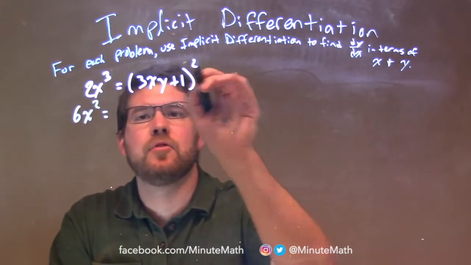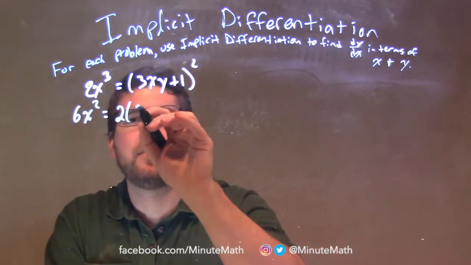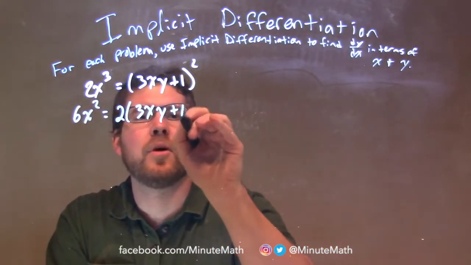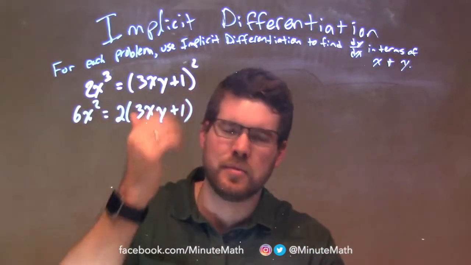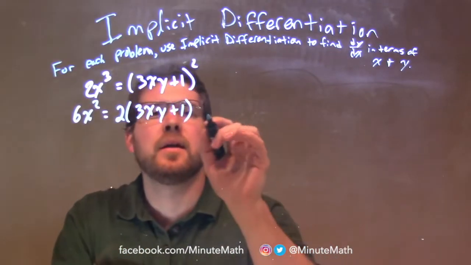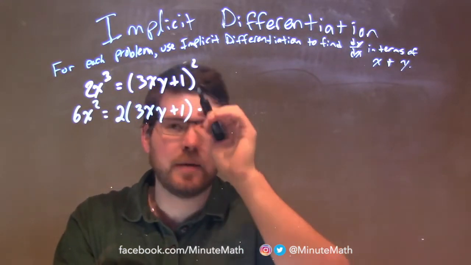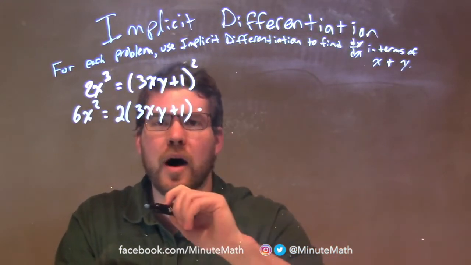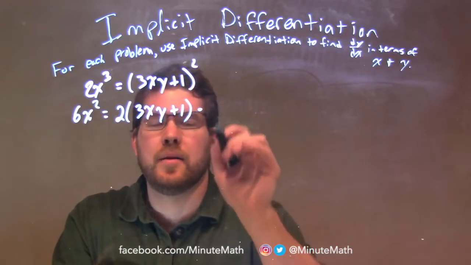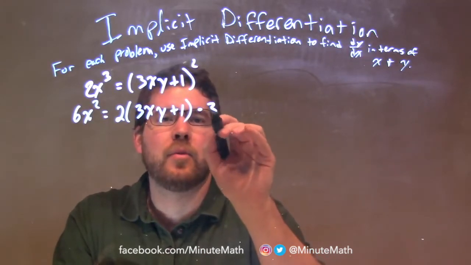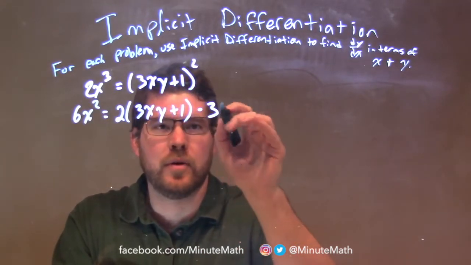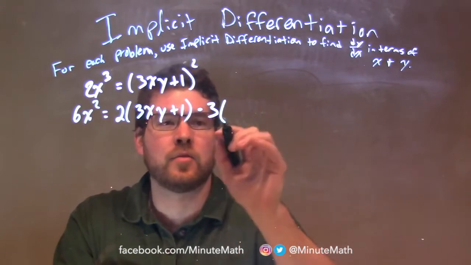So chain rule, 2 comes down, keep the inside the same, 3xy plus 1. Subtract the exponent by 1, 2 minus 1 is 1. Now we'll multiply that by the derivative of the inside. The inside, we have 3xy. So, multiplied by, let's put that 3 out front as a coefficient, 3 times the derivative of xy.